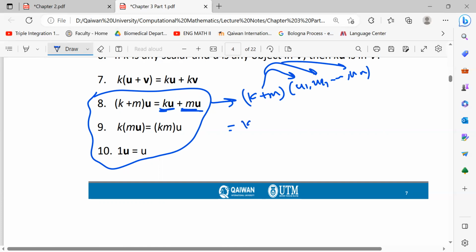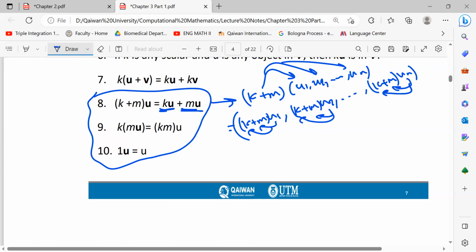We get k plus m u1, k plus m u2, up to k plus m un. Now, u1 multiplied by k and m, u2 multiplied by k and m, un by k and m.